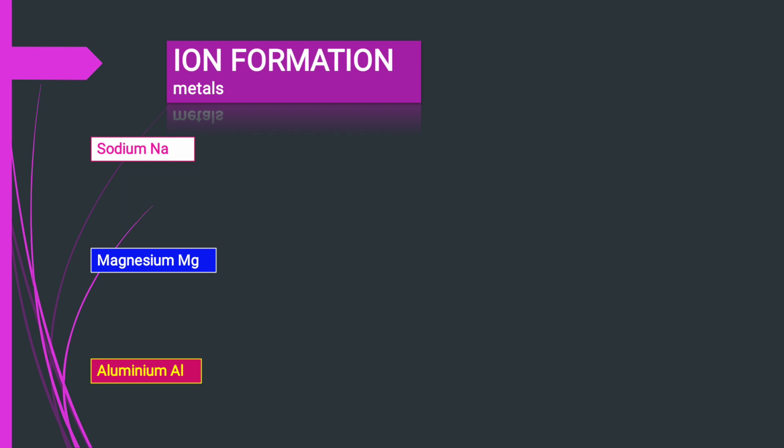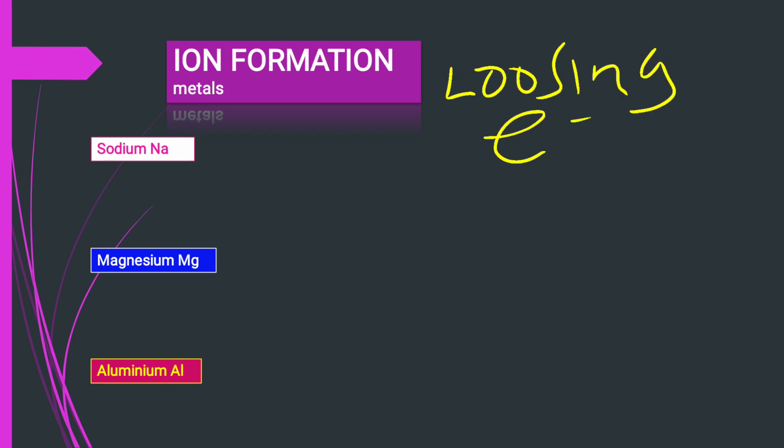What we can conclude now from the observations is that all metals form ions by just losing electrons. Sodium will form an ion by losing 1 electron. Magnesium will form an ion by losing 2 electrons.